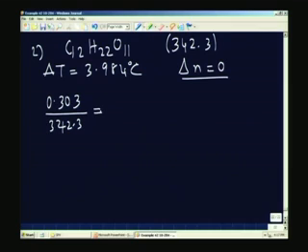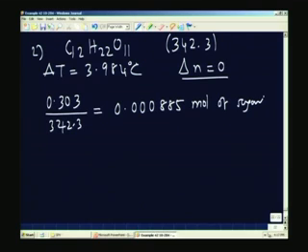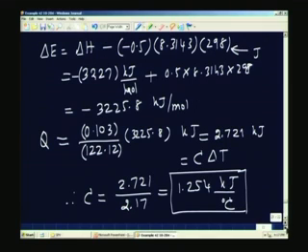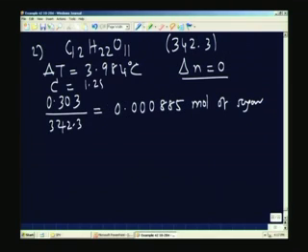This is the number of moles of the sugar, which is 0.000885 moles burned, and delta T is given. C we already determined in the previous case. Let us go back and look at that. It will be 1.254 kilojoules per degree Celsius.